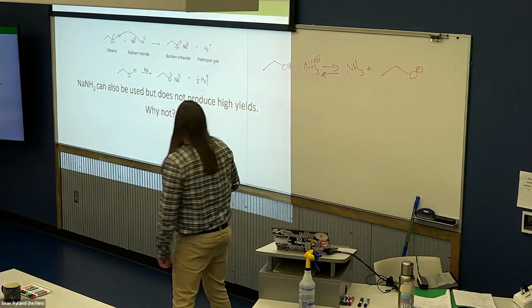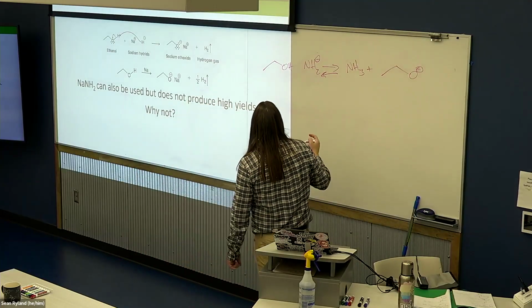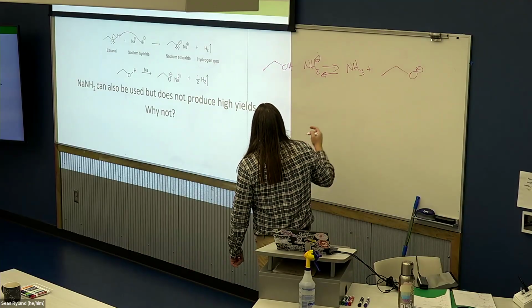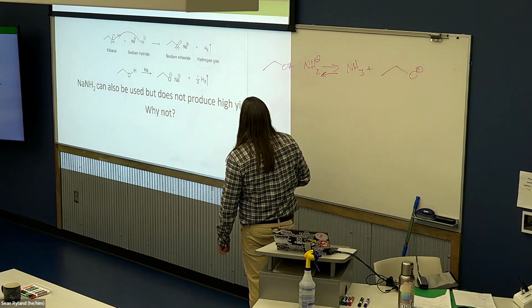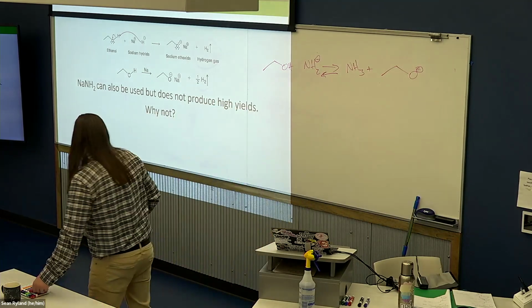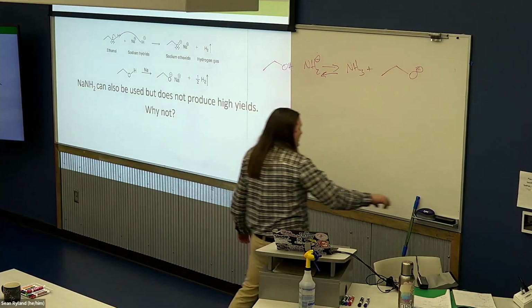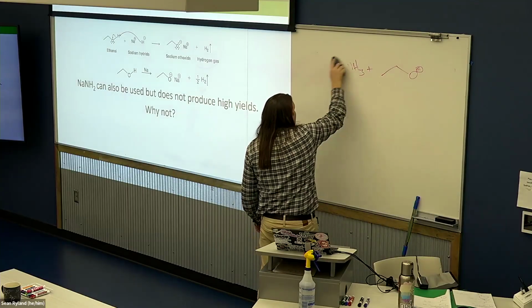Well, what if we try to evaporate off the water or the solvent? When we do this, it's going to be pushed back this way, because sodium amide is more stable as a solid. So basically, we don't see that. We can use sodium amide, but we don't generally do that for practical reasons.